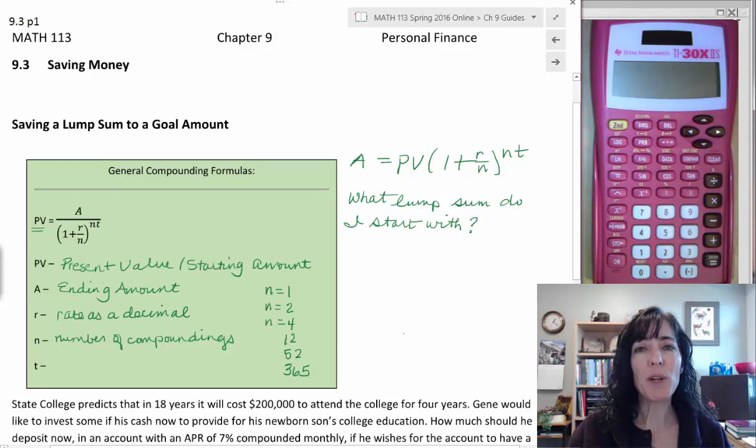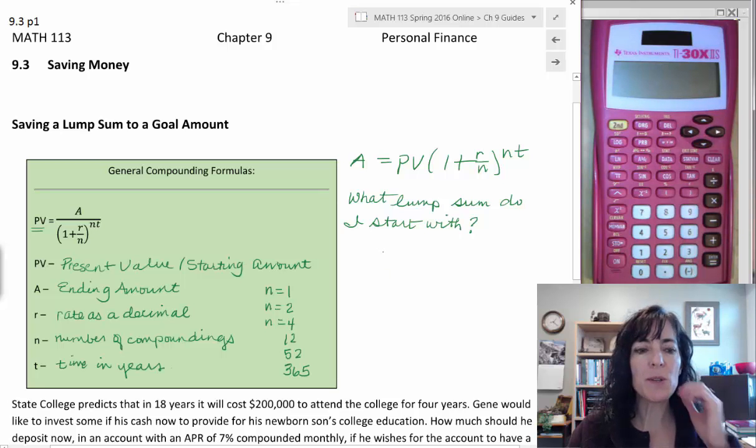That's review. I'm hoping you remember those and how we find them. Remember, think about how many times the compounding will happen in 1 year, and then you might be asking, if it's quarterly, how many quarters are there in a year? And the answer is 4, and that gives you your value for n. Then finally, the last variable is t, and that stands for the time in years.